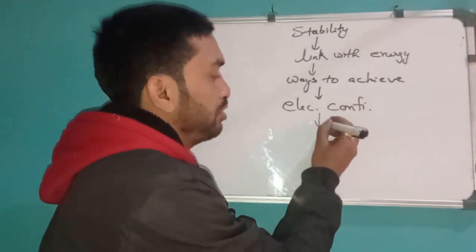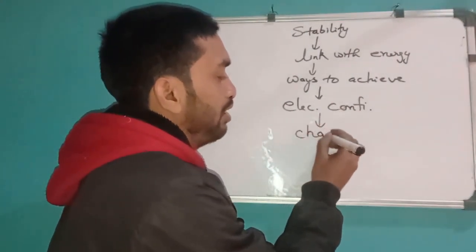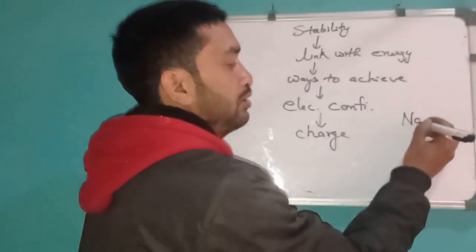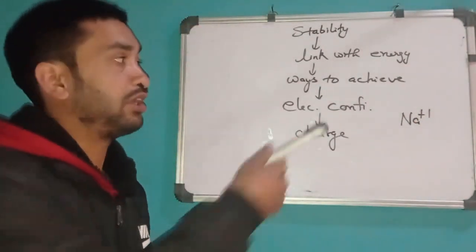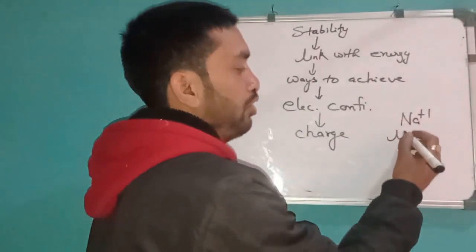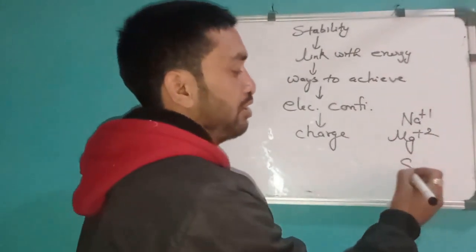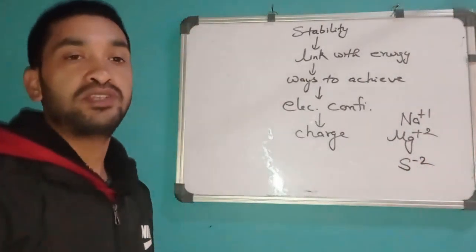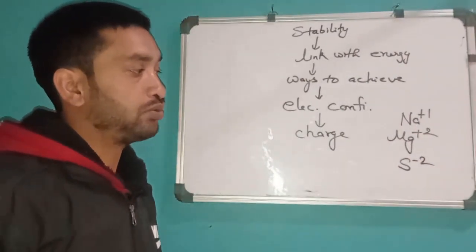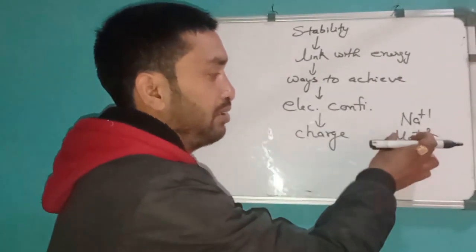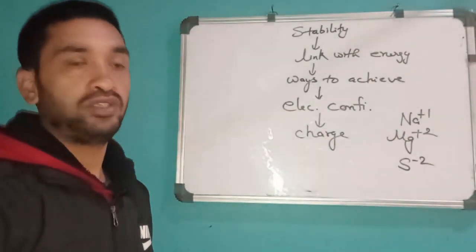And next we studied what the charge on any ion should be. Why sodium is written as Na plus 1. Now I hope you will know after working out the configuration. I already told you why magnesium is written as Mg plus 2, and why sulfur is written as S minus 2. I hope it is clear to you now. So next time when someone gives you any element and asks what the charge on it is, you will easily tell.